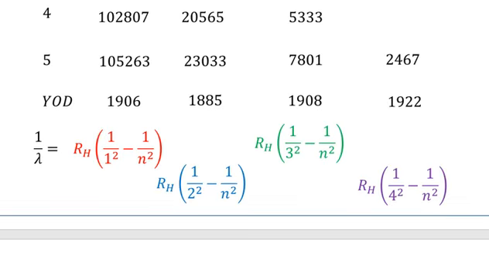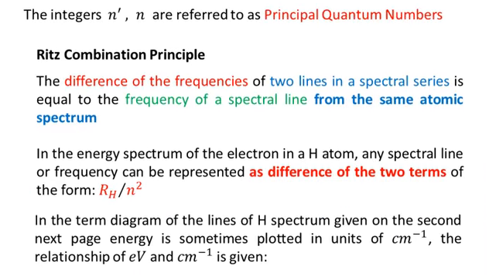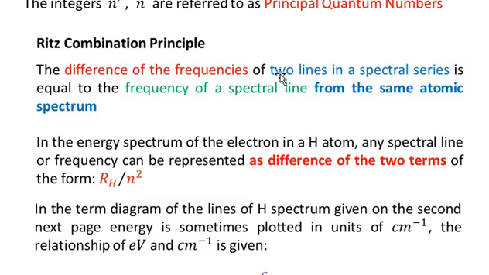That's why the difference of frequencies of two lines in a spectral series is equal to the frequency of a spectral line from the same atomic spectrum, maybe in the next higher series.